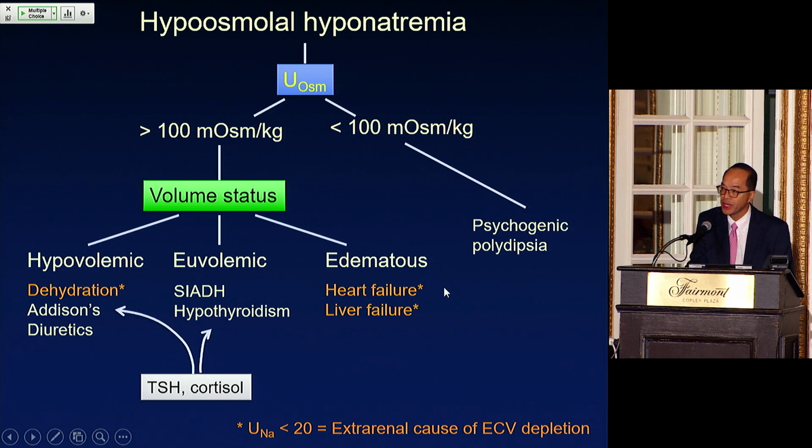And we call that effective circulating volume depletion, or effective arterial blood volume depletion. So these patients aren't actually hypovolemic. In fact, they're usually edematous, but the body perceives them as if they're hypovolemic.